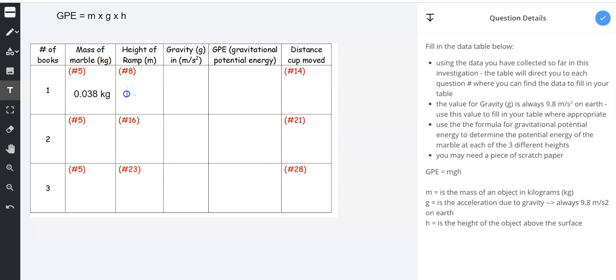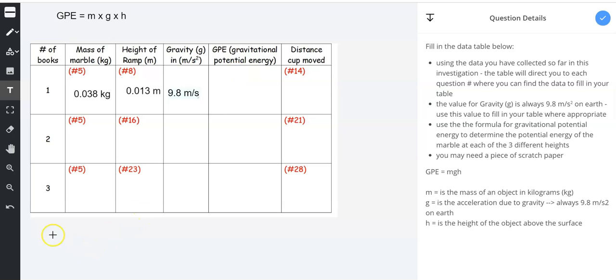And the height of the one book I'm using is 0.013 meters. And gravity is always going to be 9.8 meters per second squared. So I need to find out this information.